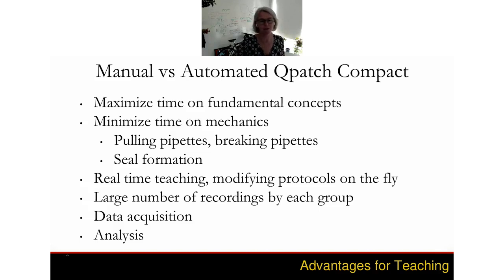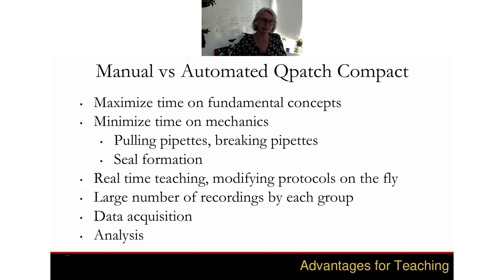And so just running through these features, I wanted to reiterate these and then close and hand off to the students. But in my experience, the use of the automated patch for teaching in this two-day block of time that I have with each of the sets of students, it really allowed me to maximize time and focus on fundamental concepts.